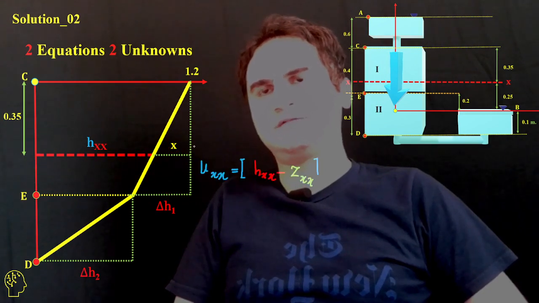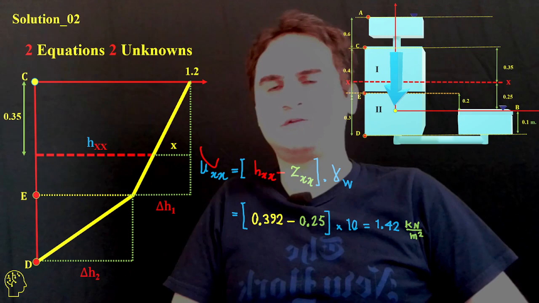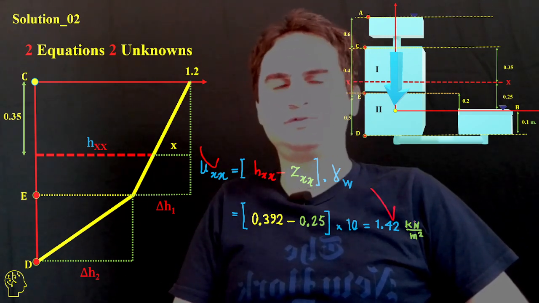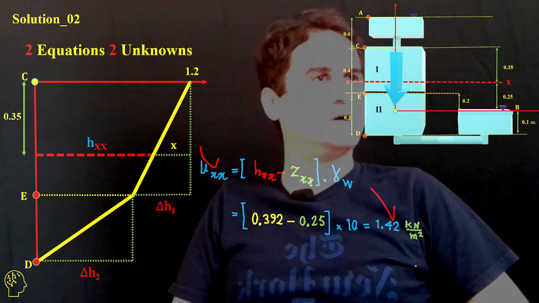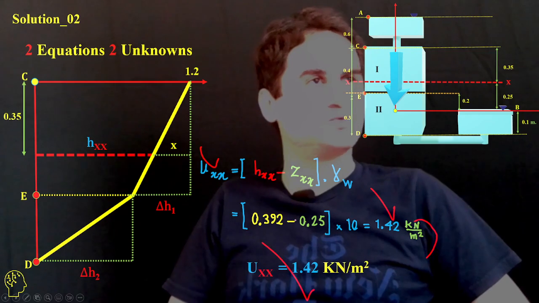As soon as you have the head of water, u is Hxx minus Zxx times gamma w, and it gives us 1 kilonewton per meter squared, which is the same answer as in solution 1.